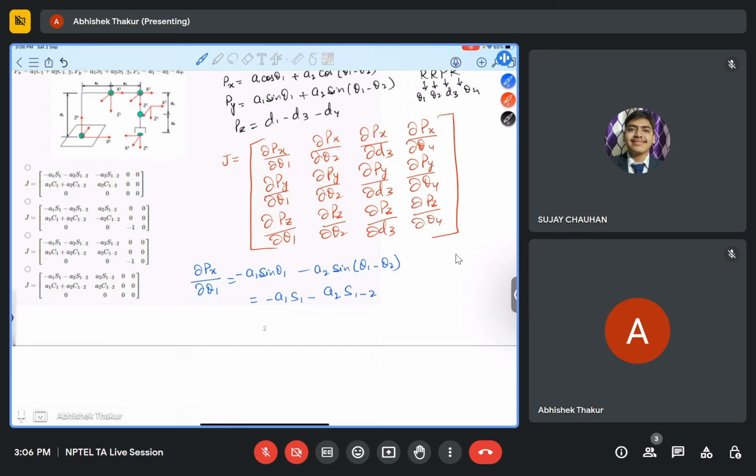So from the above options, we can see that I guess all these options have this term in the first row and first column. So we have to do again del px by del theta 2.